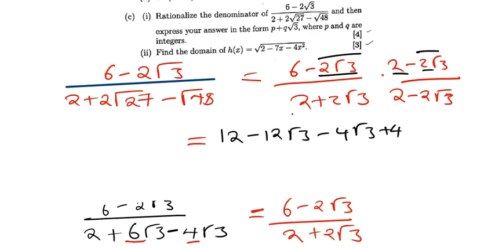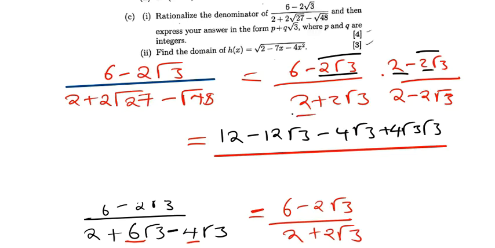Each time you're multiplying a surd by its conjugate, just multiply the like parts.